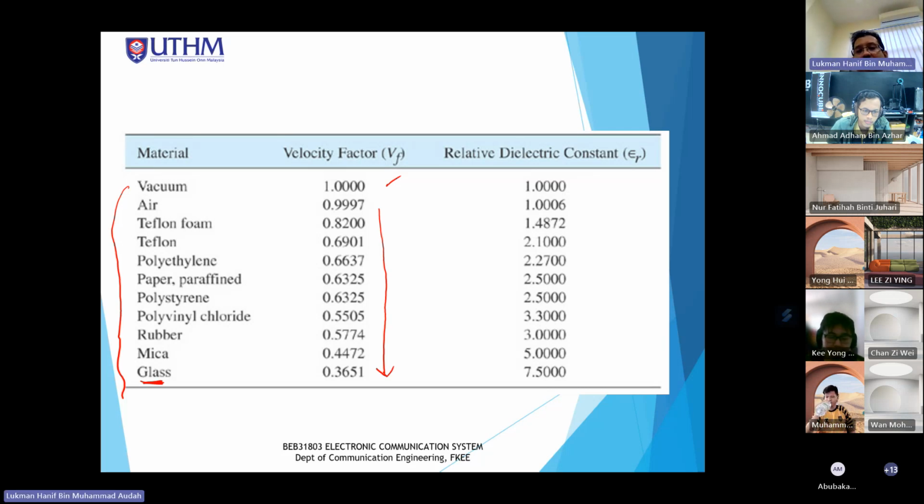And the dielectric constant epsilon r increases from vacuum to different kinds of materials. The lowest dielectric constant is in vacuum, which is equal to 1. As we use a different medium, the dielectric constant becomes higher, which means that the medium is more dielectric compared to conductive.